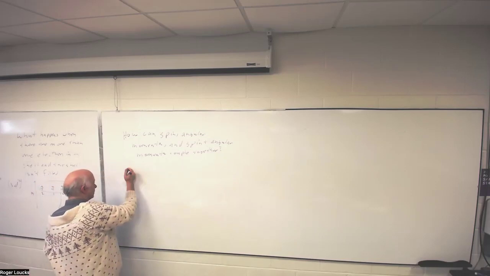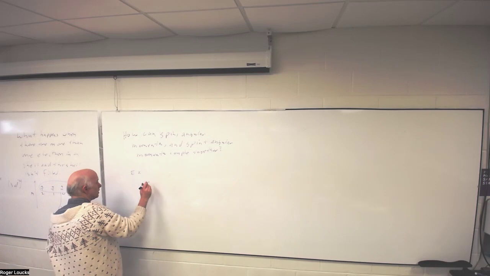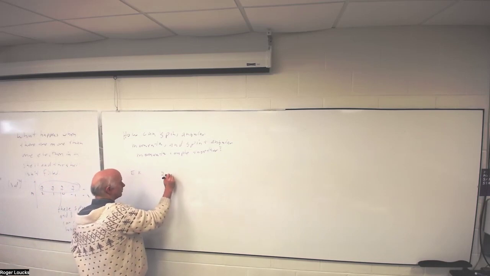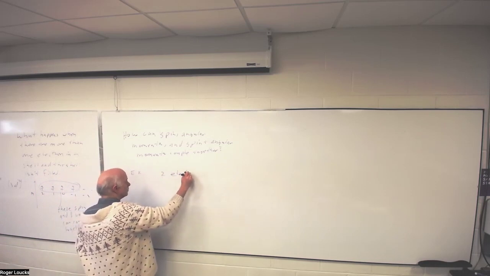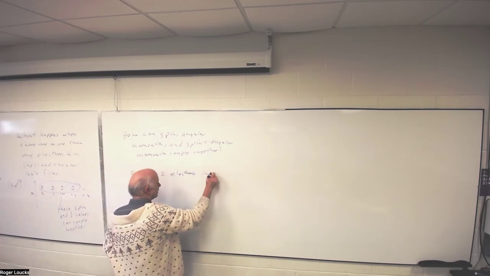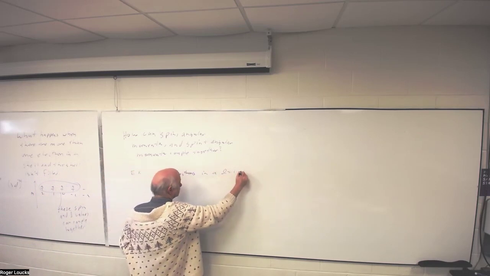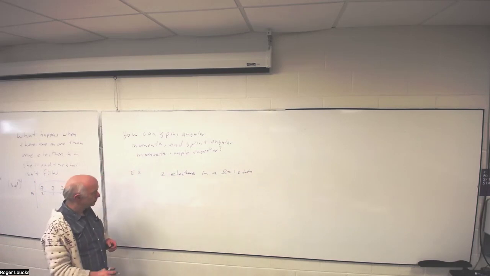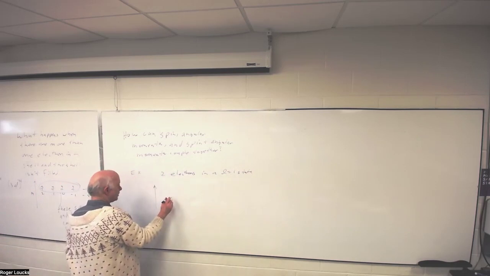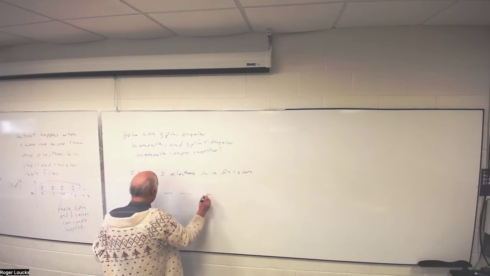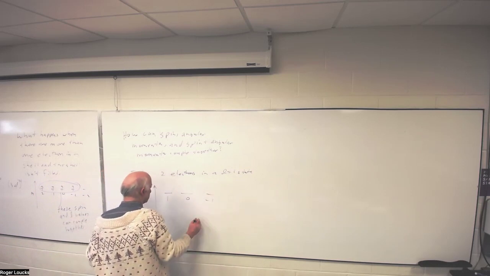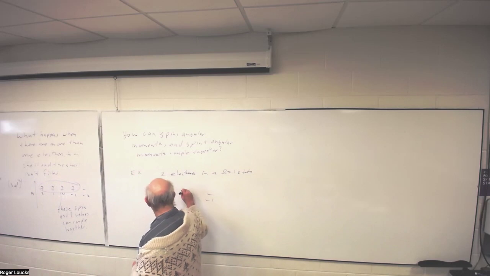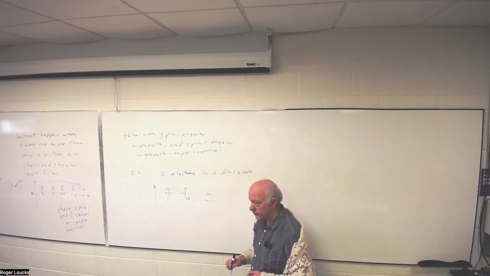I'm going to do it with an example here. Let's say we have 2 electrons in an L equals 1 state. So for L equals 1, we have 1, 0, minus 1.